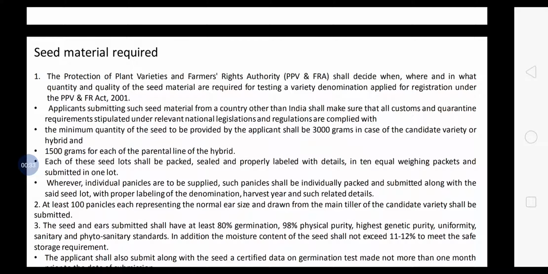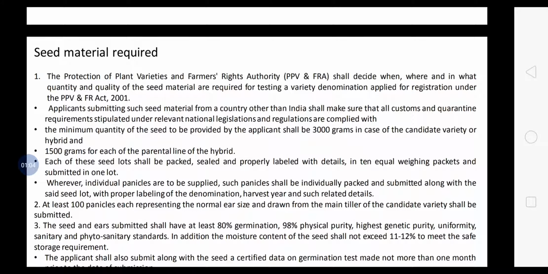The seed material required is according to PPVFR, where and what quantity and quality of seed material are required for testing a variety denomination applied for registration under this Act. Applicants submitting such seed material from a country other than India shall make sure that all customs and quarantine requirements stipulated under relevant national legislations and regulations are complied with.